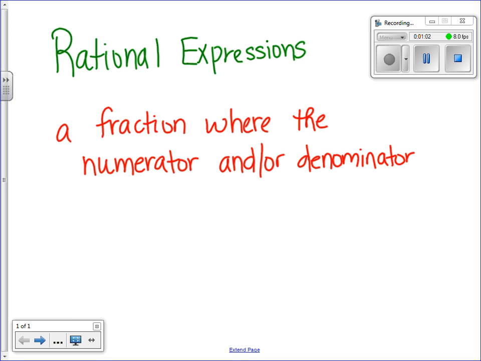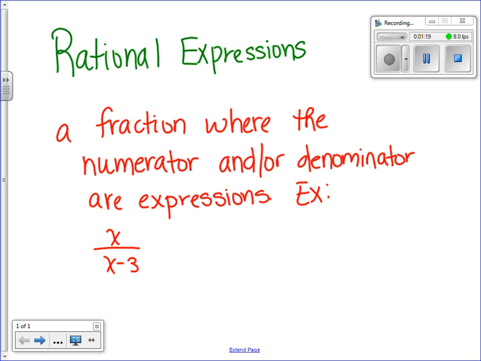They're really all expressions, but not the way that you tend to think about them. Examples like x over x minus 3, x squared minus 4x minus 21 over x squared minus 1. Those are rational expressions.